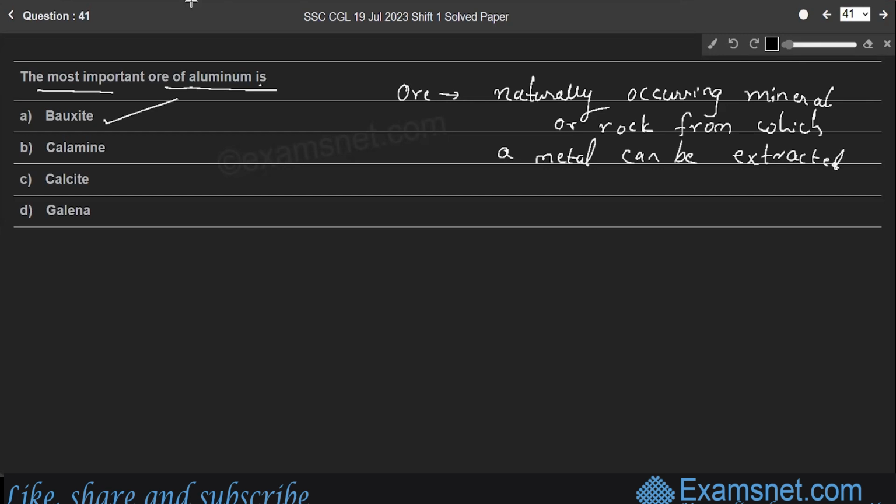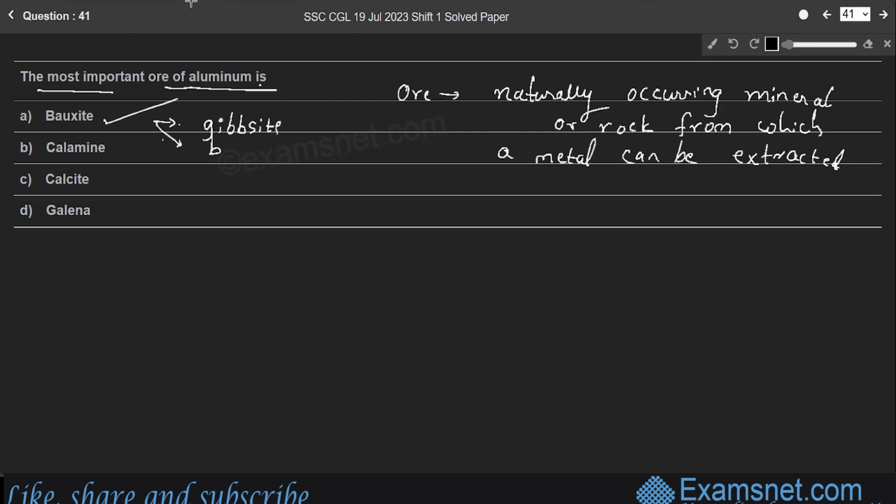Here, students, aluminium is the most abundant metallic element in Earth's crust. It's the most widely used non-ferrous metal. Bauxite ore is the main source of aluminium and it contains aluminium minerals like gibbsite, boehmite, and diaspore.